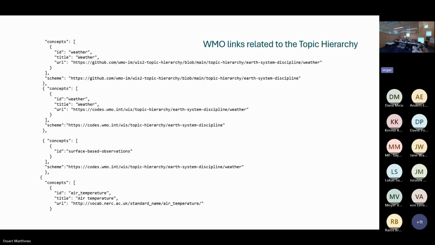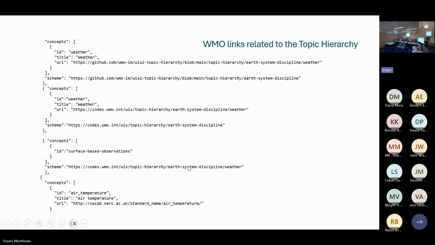I think these are probably going to be quite universal. The detail maybe needs to change a bit, but most of our observations discovery data will include this. I'm not sure if it needs both the GitHub and the link to the WMO code pages themselves, but we can edit that.